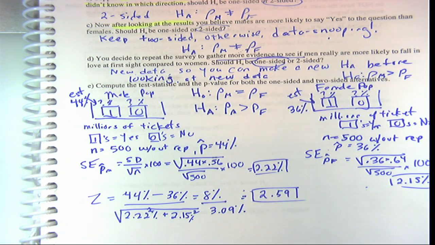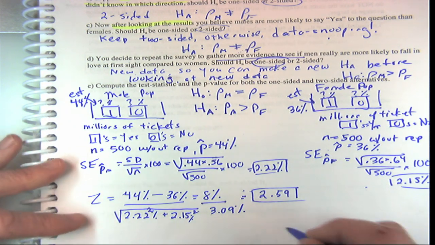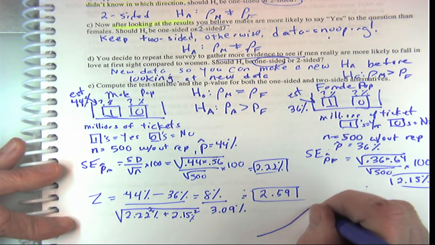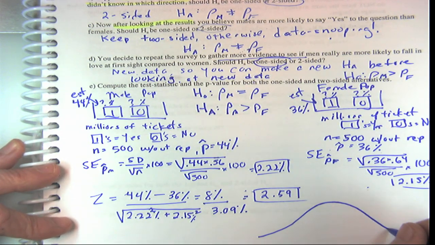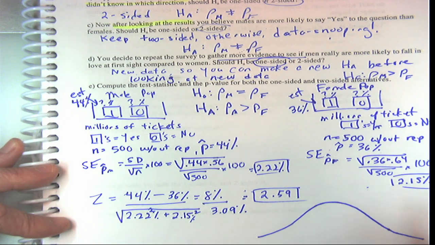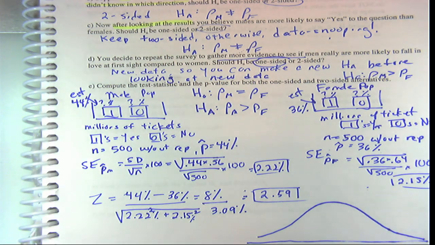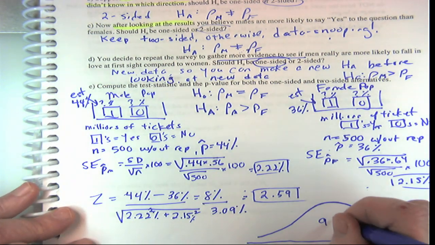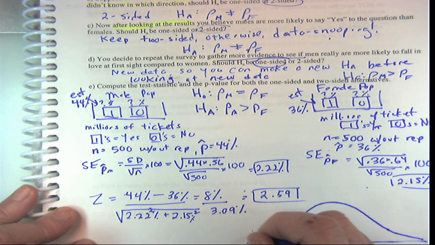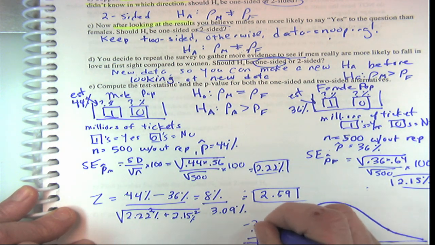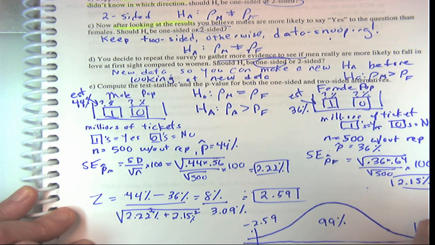And if we wanted to figure out p-values, we're just going to do the normal curve. On your homework, you can use the p-value calculator. We'll look at it for the t-test, which is coming up in a minute. But this is about 99% between negative 2.59 and 2.59 as a z.